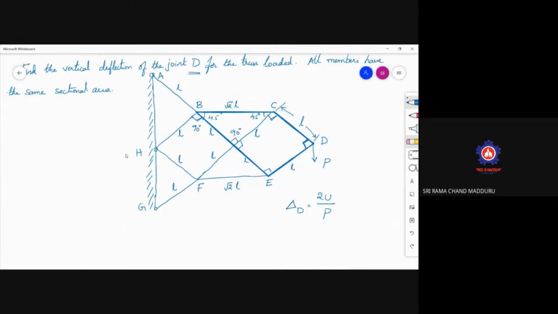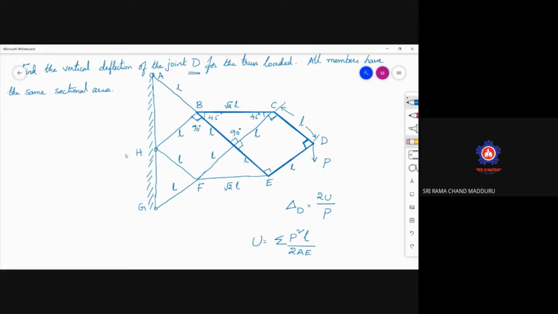Now, here U is nothing but sigma P square L by 2AE. So P is nothing but the force in the individual members. Go joint by joint, draw the free body diagram, and at each free body diagram resolve the forces and calculate the force in the individual members.